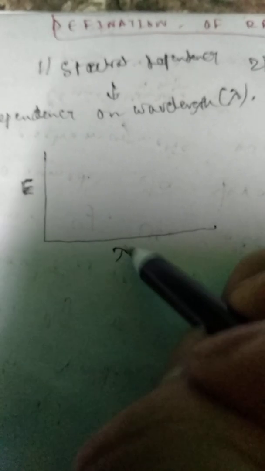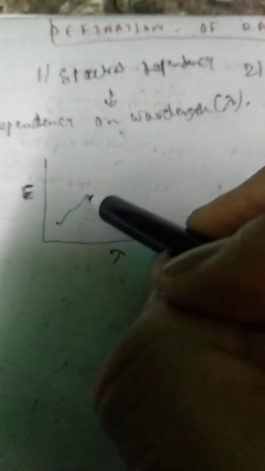In the case of spectral dependency of radiative flux, if we draw the graph between the wavelength and the emissive flux, we will get a graph like this.